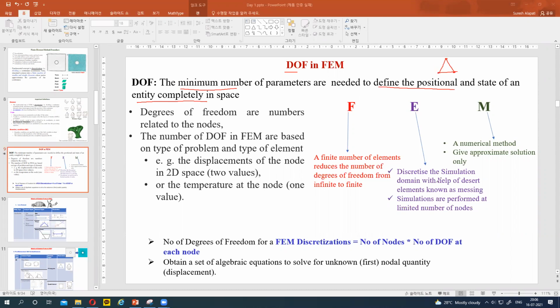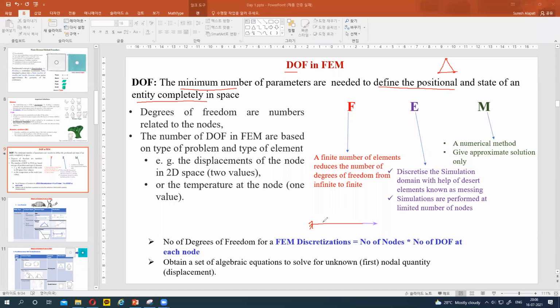Suppose you consider a one-dimensional problem, a one-dimensional line, and I apply a force.